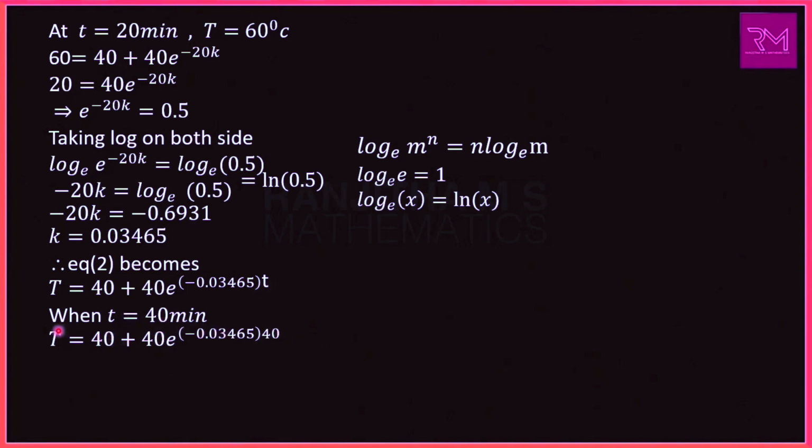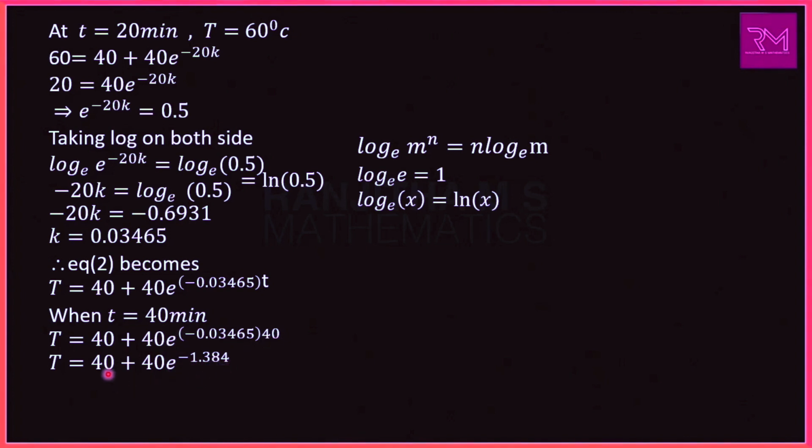We have to find the capital T, that is the temperature of the copper ball at time 40 minutes. So in the place of small t, substitute 40, we get T is equal to 40 plus 40 into exponential power, multiply 40 inside, minus 0.03465, we get a value of minus 1.384.